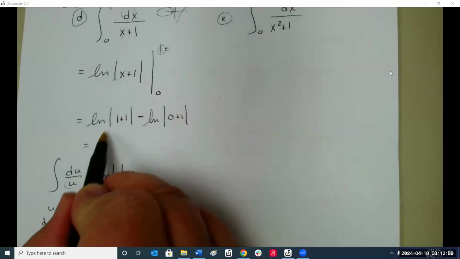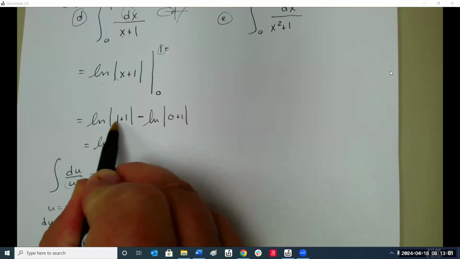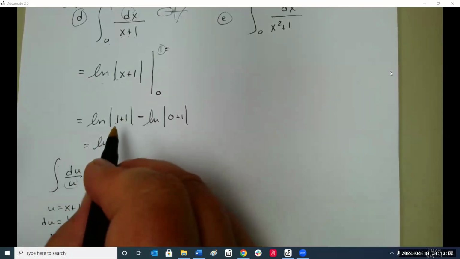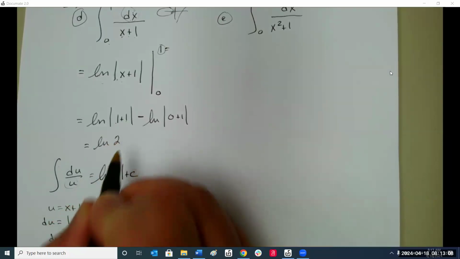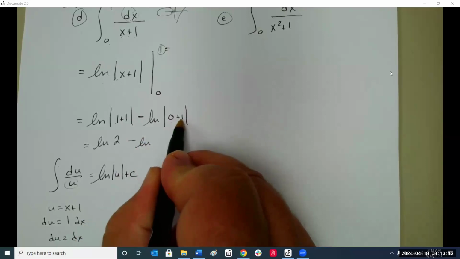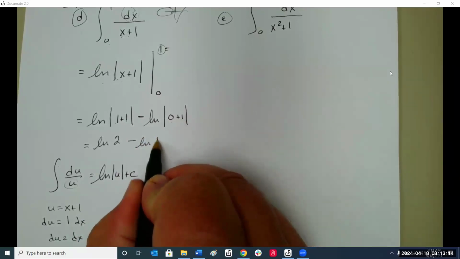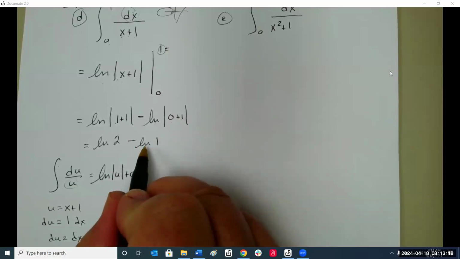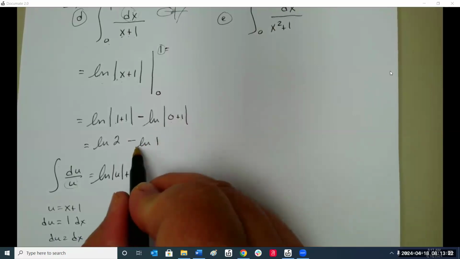So 1 plus 1 equals 2, and 2 is a constant number, so it can't change. So I just put ln2. 1 plus 0 is 0 plus 1 is 1. What is the ln of 1? 0.